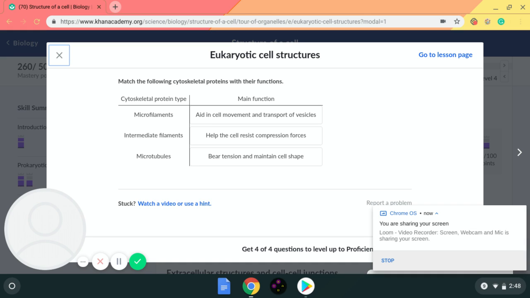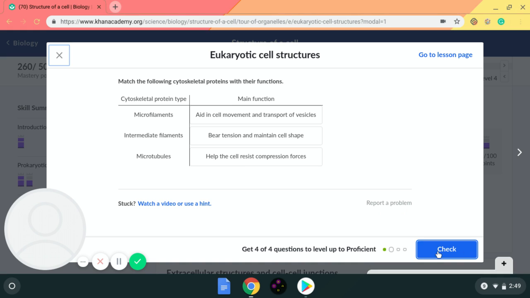Alright, let me back it up. Vessels hold things. Vesicles hold proteins. Intermediate filaments bear tension and maintain cell shape along with moving the microfilaments, and microtubules help the cell resist compression, like I just mentioned.